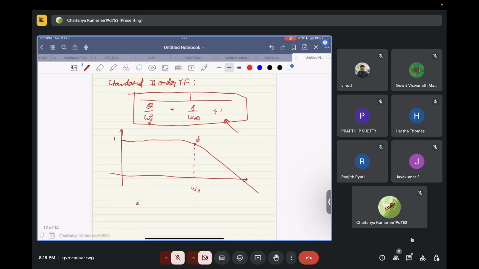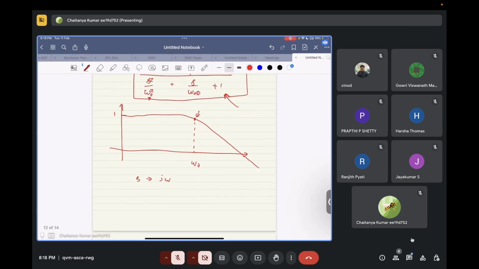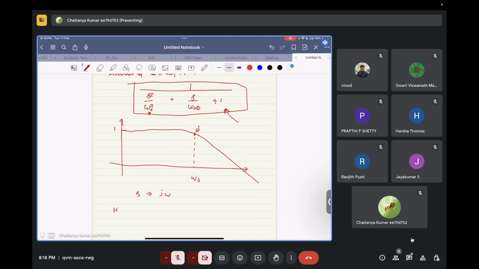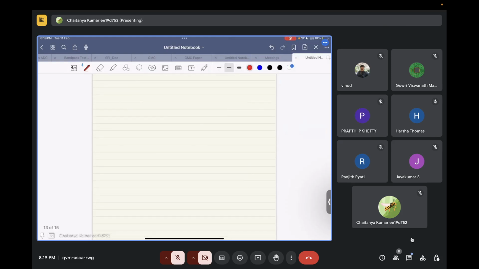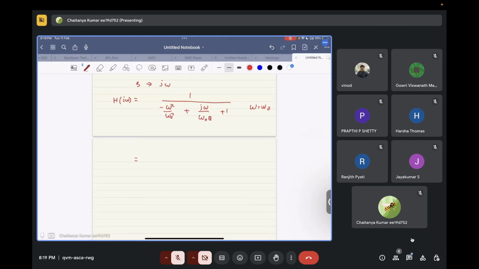So, you will replace s by j omega, right? If you replace s by j omega, this transfer function H of j omega will be equal to 1 by (minus omega square by omega naught square plus j omega by omega naught q plus 1), right? Now, if you substitute omega equal to omega naught, what you will get?